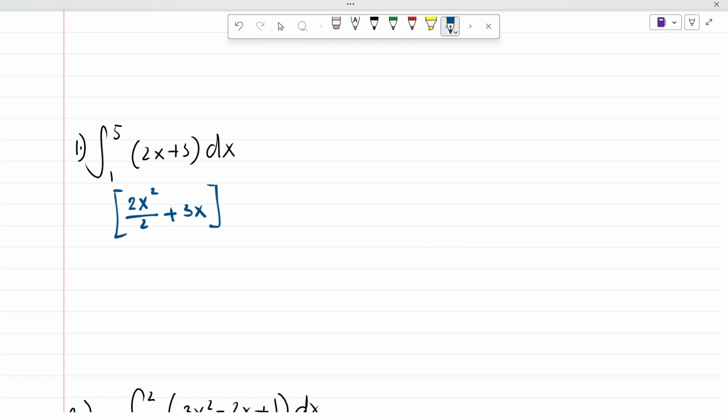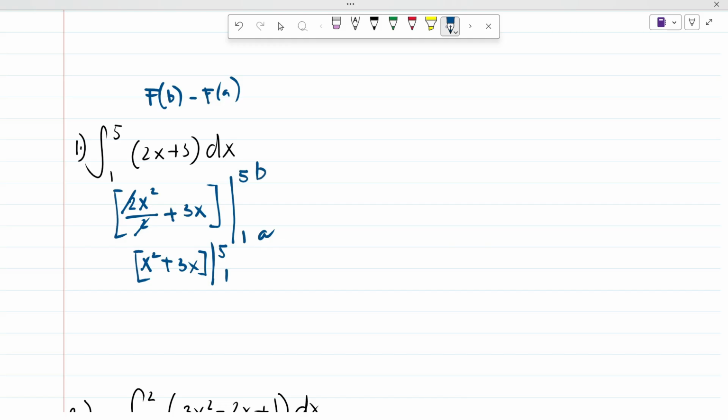It's just an indefinite integral, guys. Then we put in 5 and then 1. Cancel, so x squared plus 3x, from 1 to 5. Now we do F of b minus F of a. The a is the lower limit and b is the upper.